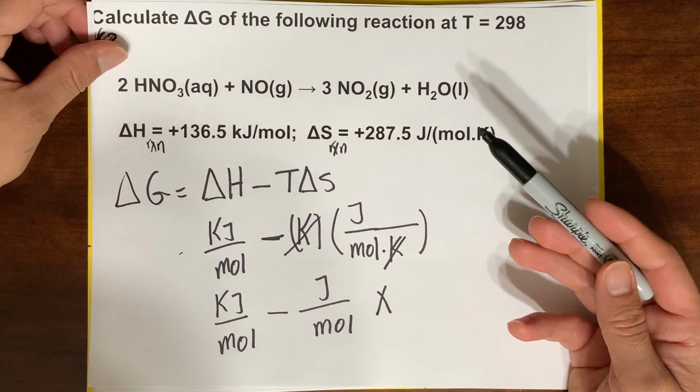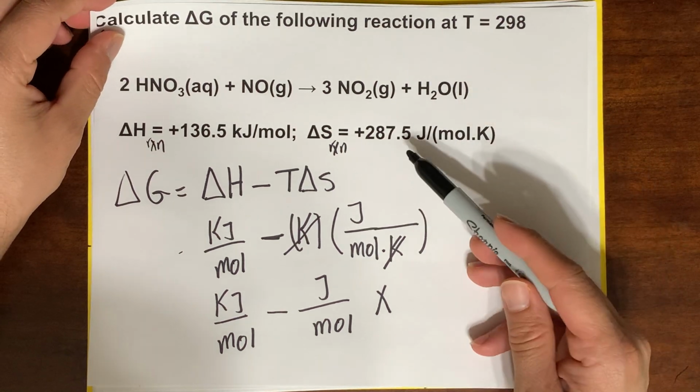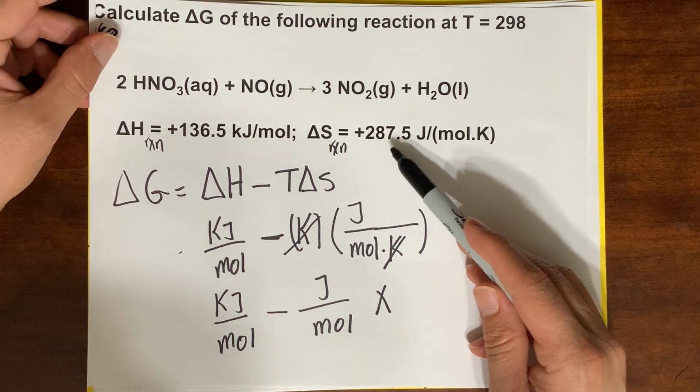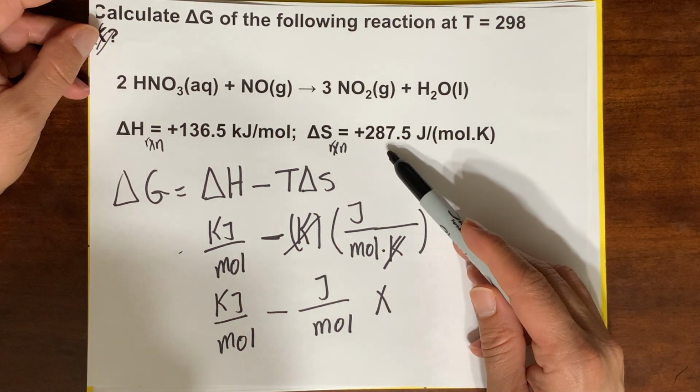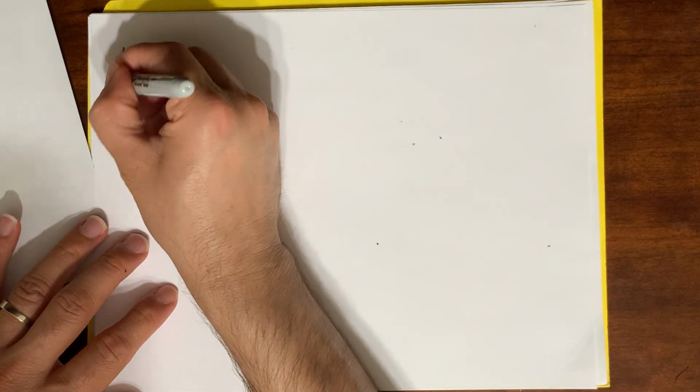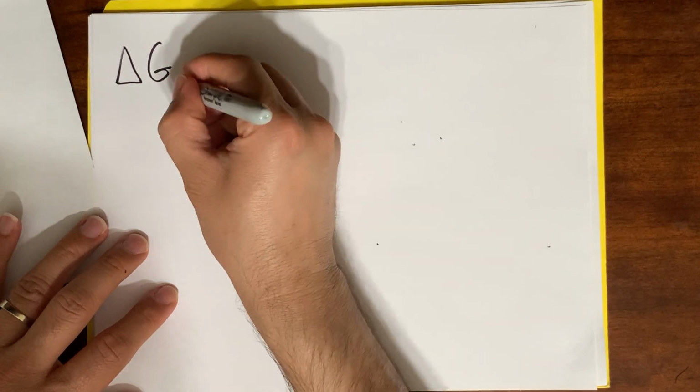Which one? Maybe we can divide this one by 1,000. That would be easier. So I'm going to divide the delta S by 1,000 to make my life easier. So I go delta G for the reaction.